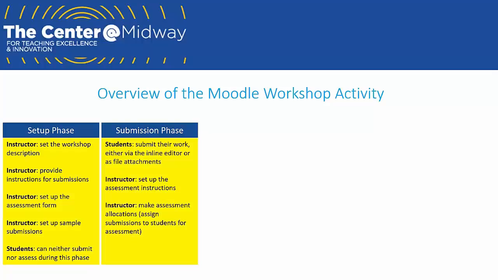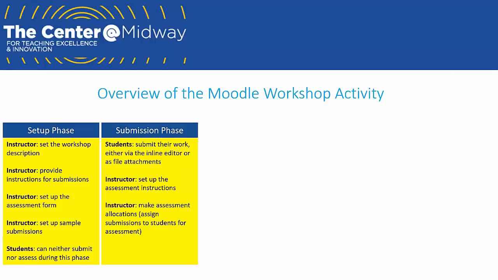The next phase of the Moodle workshop activity, you have added all of that stuff and you push the activity to the submission phase. At this point, the students can submit their work. It looks just like any other activity submission that you've seen in Moodle.